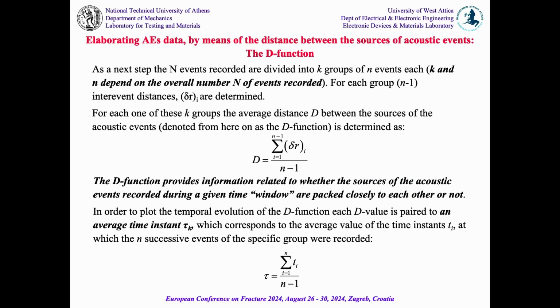Then we can split the time series into a number of subgroups in order to calculate mean values of the distance between the acoustic sources. Then we pair each value of the D function with the average time of generation of the acoustic signals of the group, and we can plot the D function as a function of time.